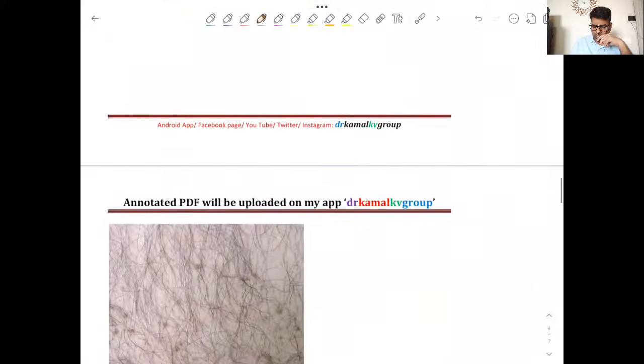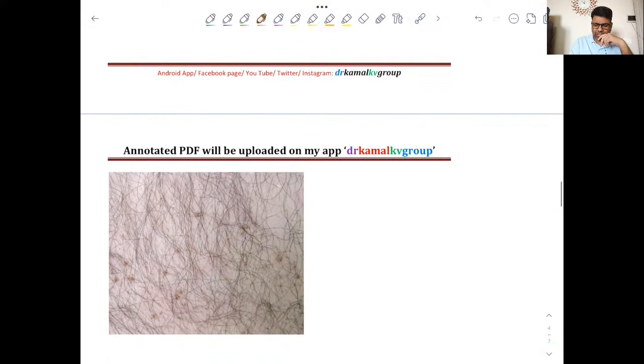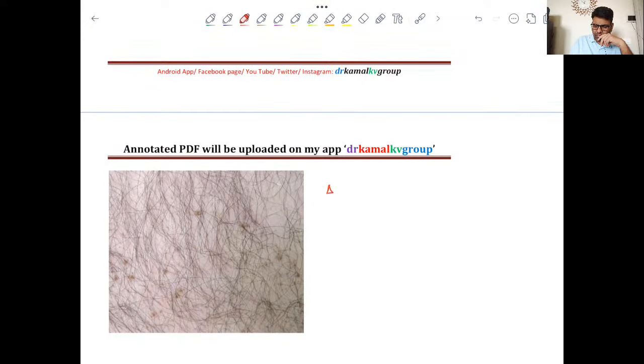Now, what is the treatment of this condition? Again, the very first thing is you have to make a diagnosis, then you can talk about the treatment. So here, if you see, these are all body louse.